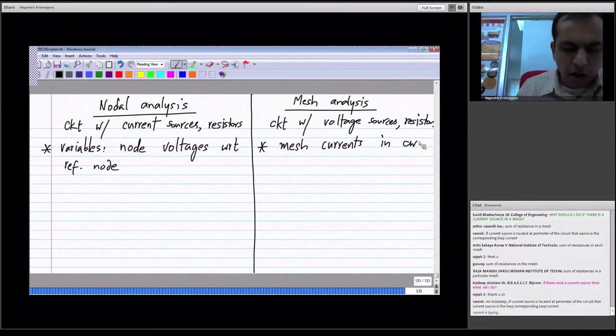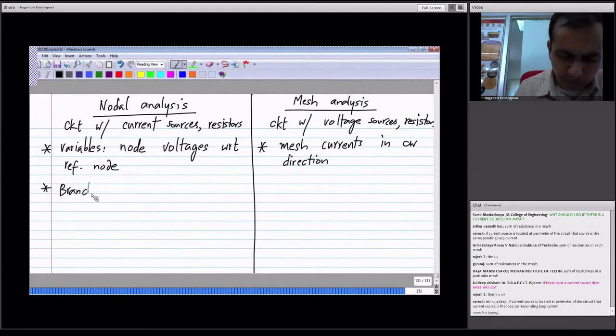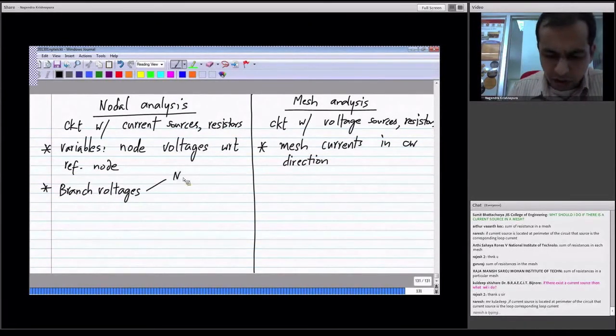Now all branch voltages will be either some node voltage or the difference of two node voltages.